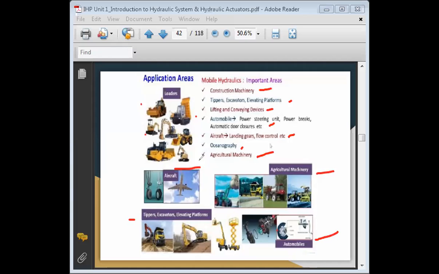So these are the different important areas of mobile hydraulic applications.